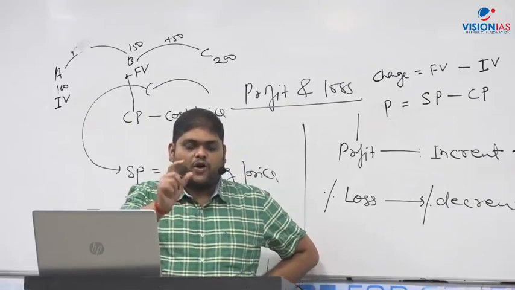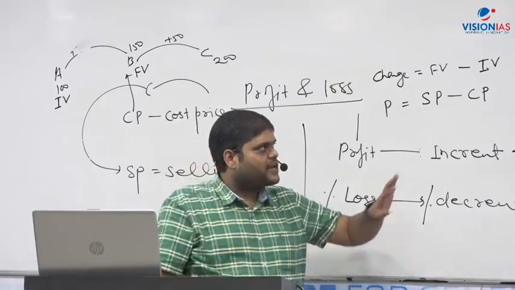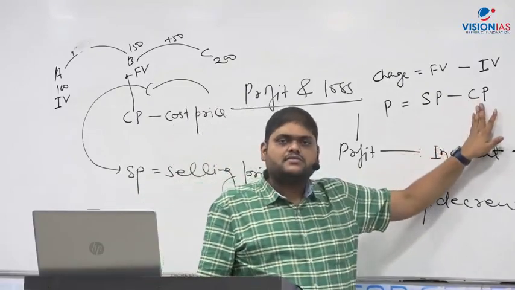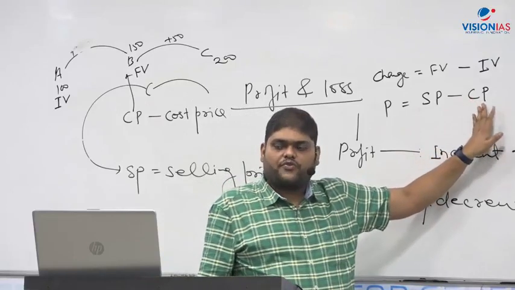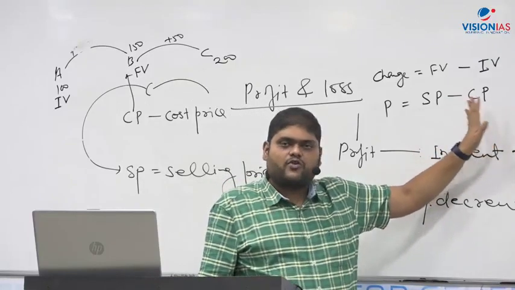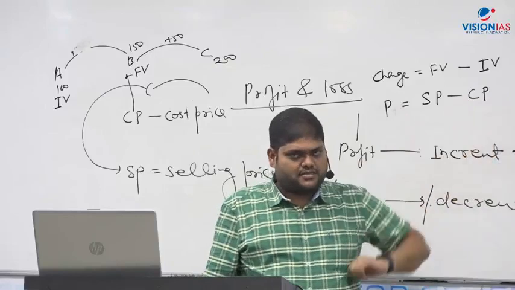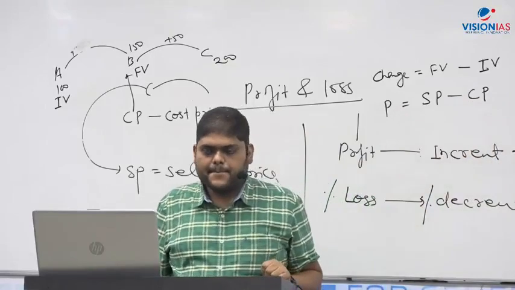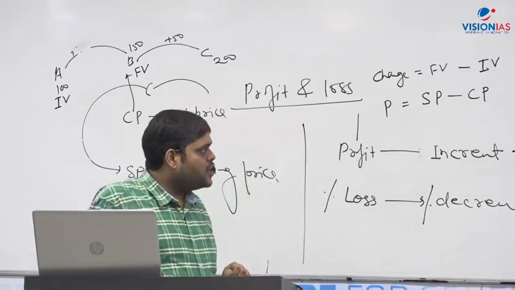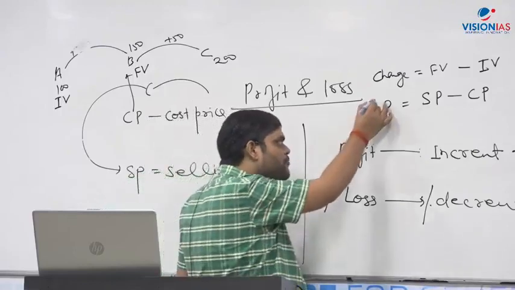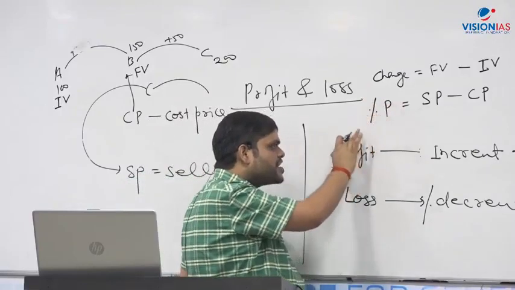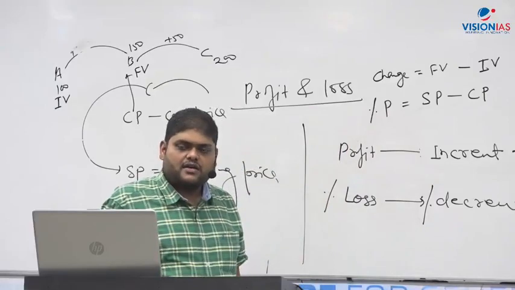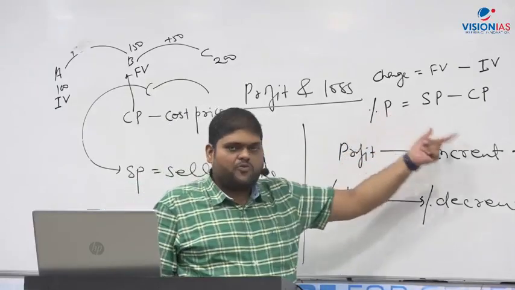That means profit and loss are always calculated on the cost price. Profit and loss are always calculated on the cost price. Fine. So if I talk about percent of profit, can you frame the formula?